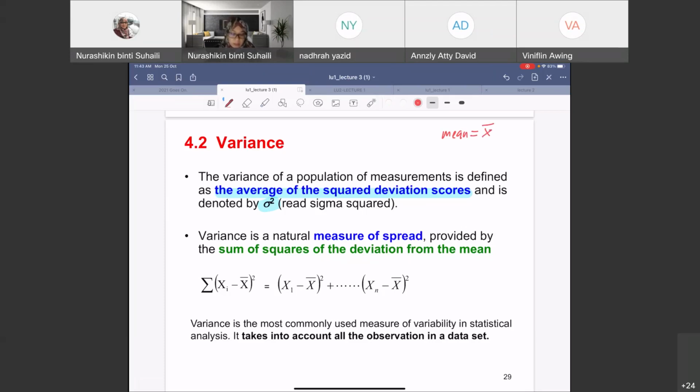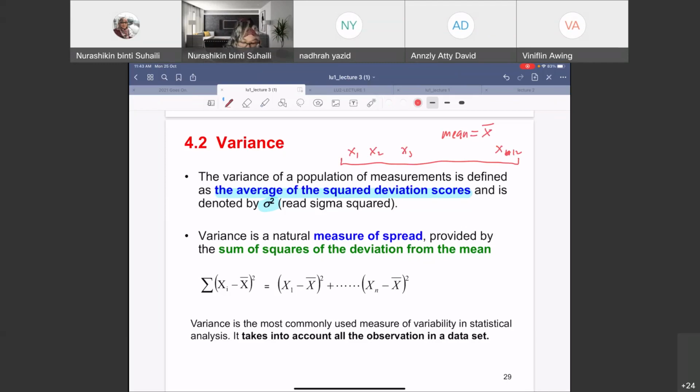We have the data points x1, x2, x3, referring to each data point within the distribution until xn, let's say x12.